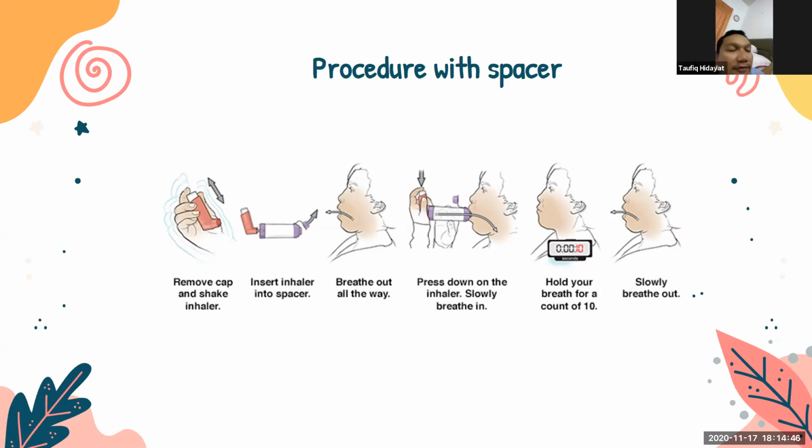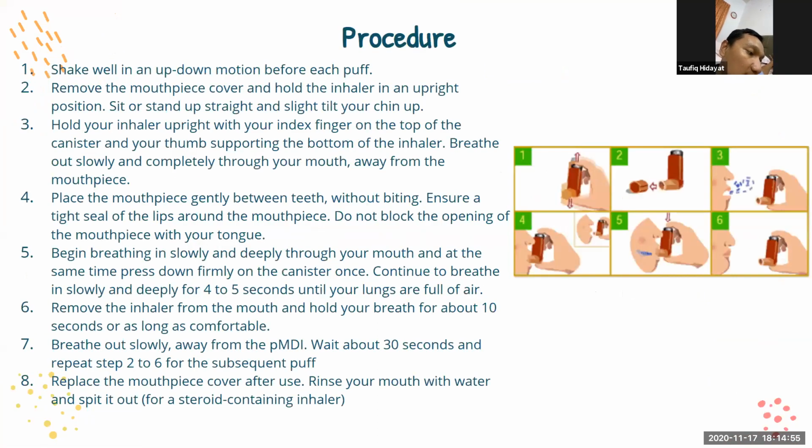Usually 5 breaths is adequate. Every pump is one puff. Ask the parents to count the child's breathing. So 5 breaths per puff is enough, and it is much simpler for children. Without a spacer it is impossible.